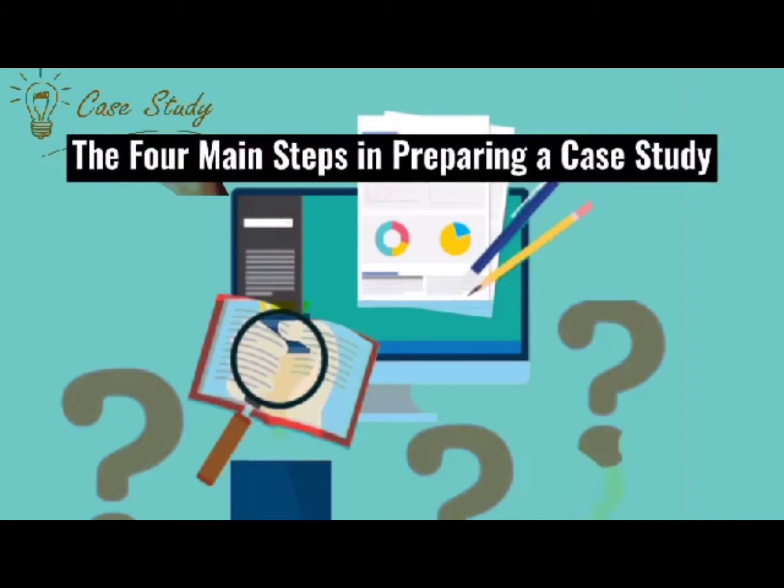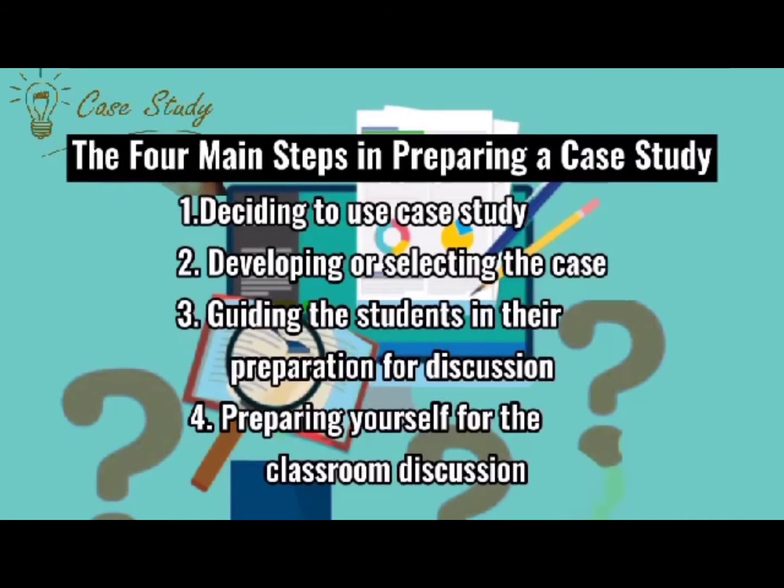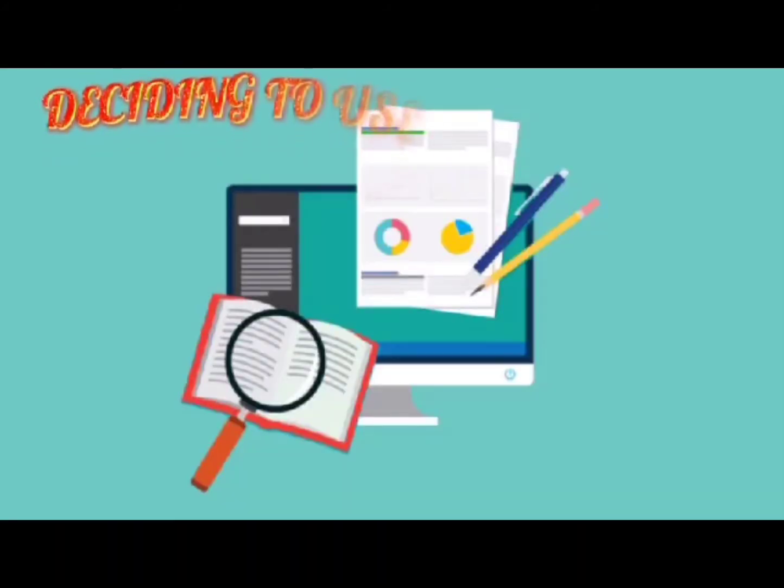There are 4 steps in preparing to use a case study. These are deciding to use a case study, developing or selecting the case, guiding the students in their preparation for discussion, and lastly, preparing yourself for the classroom discussions. First, let's discuss the first main step, which is deciding to use a case study.